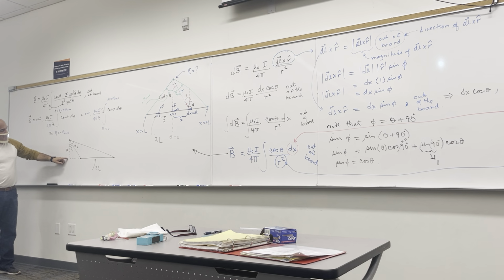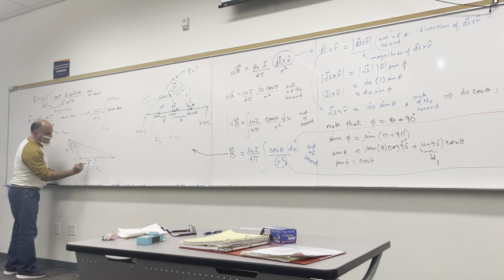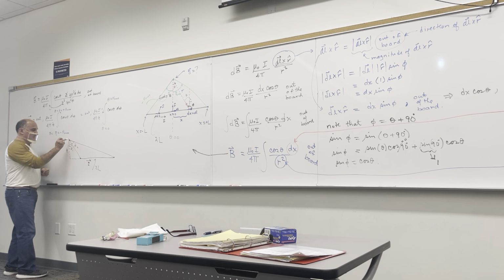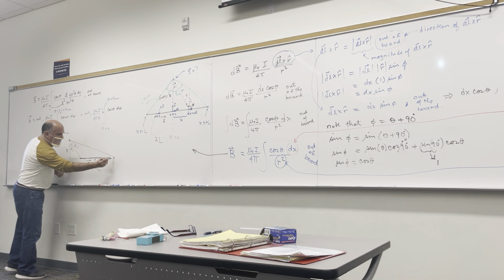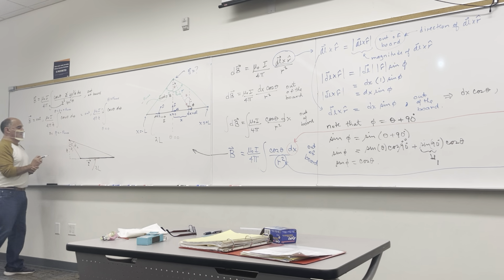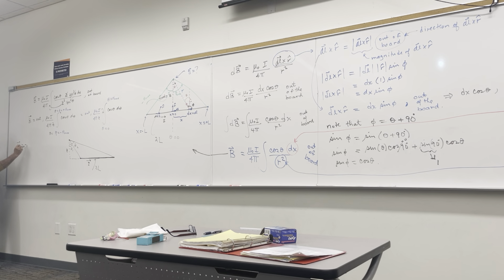So if we were doing it about some other point, this is the current I, that's at a distance z from the wire over here where the current is at, then the more general expression would be this. It would be out of the board, and then it would be mu naught I over 4 pi z, and the integral of that will be from the sine of theta max, or theta 2, minus the sine of theta 1.